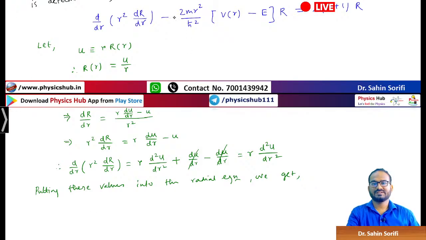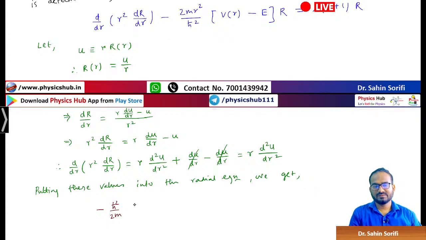You see this minus h-bar squared by 2m, and this whole thing is nothing but r times d squared u by dr squared.